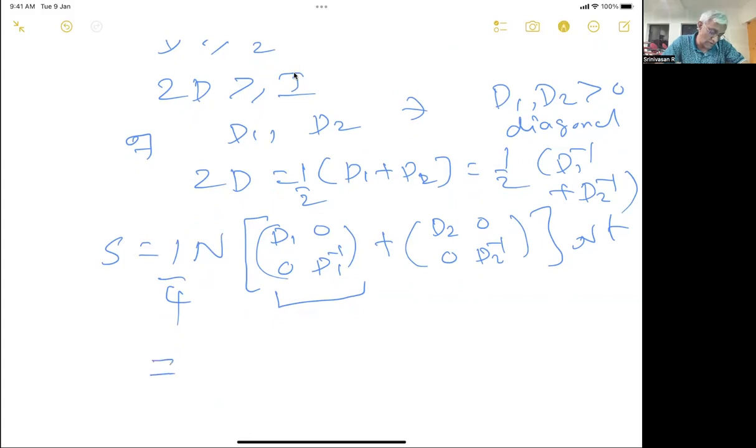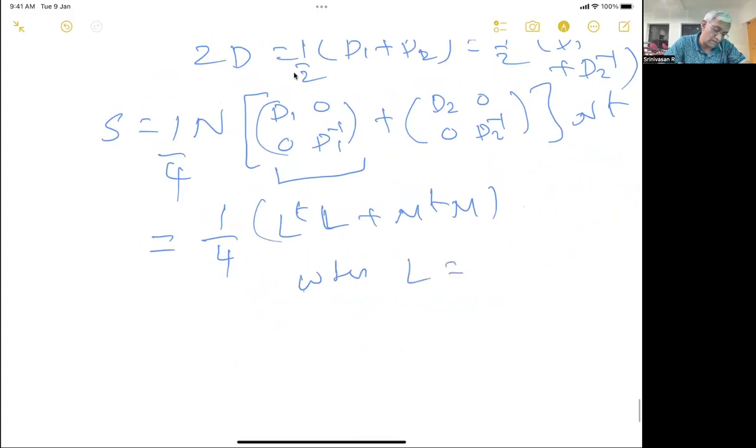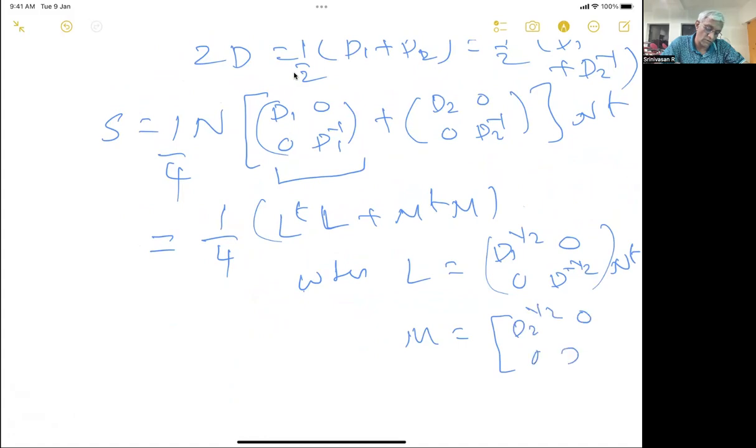So this is equal to 1 by 4 times L transpose L plus M transpose M, where L is equal to N times the diagonal matrix with D1 power half and D1 power minus half, times N transpose, and M is equal to N times the diagonal matrix with D2 power half and D2 power minus half, times N transpose. Both will look like this.